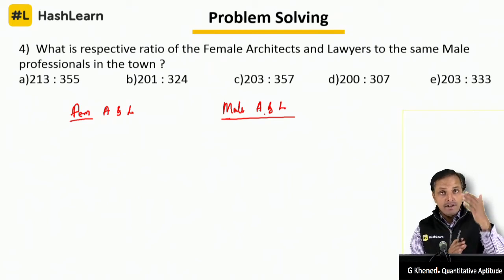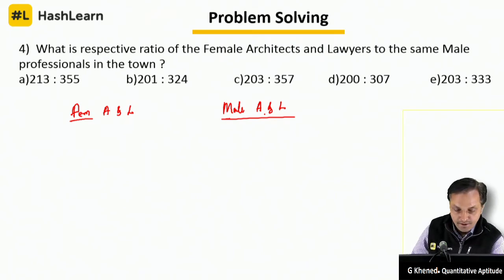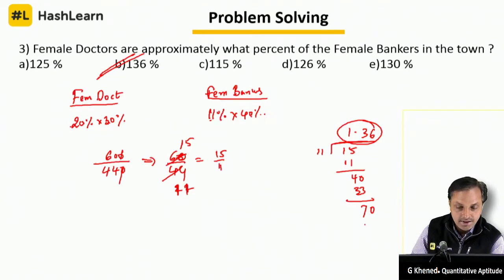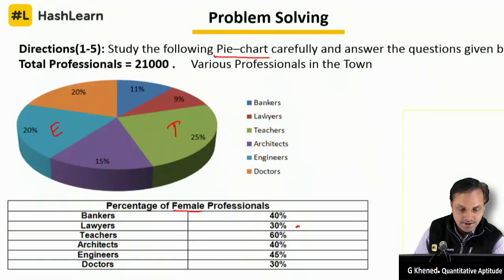Ratio means you need to divide one by the other. So you should be very careful here. Let me go to the architects and lawyers. So architects are 15% and 40%.